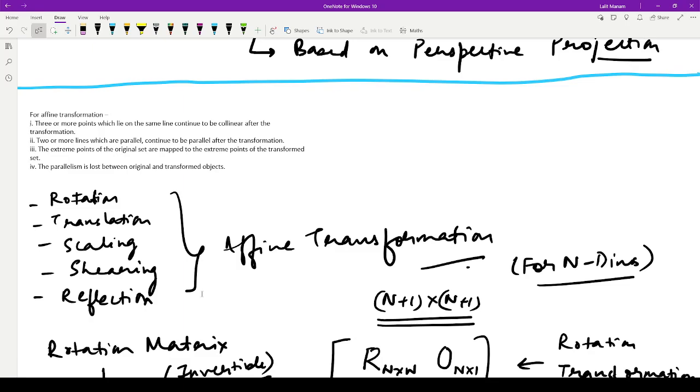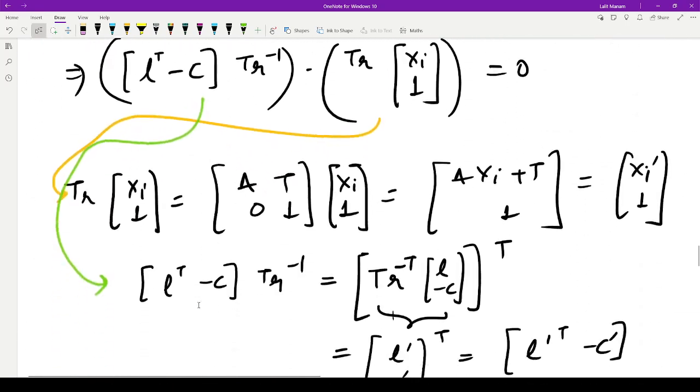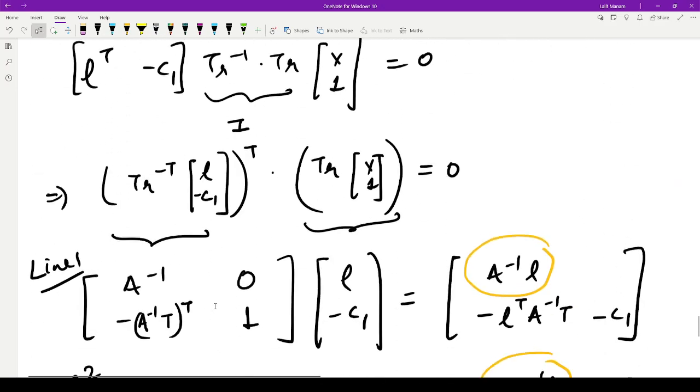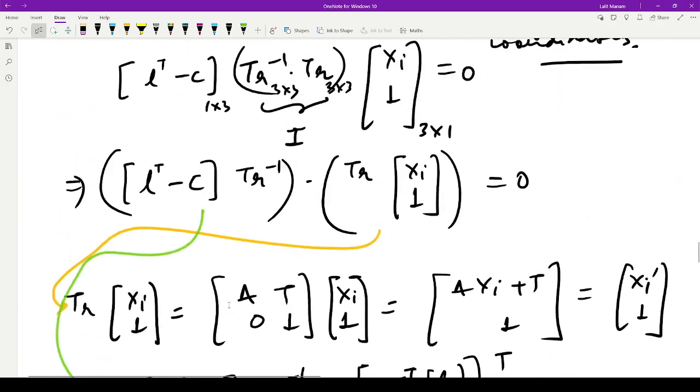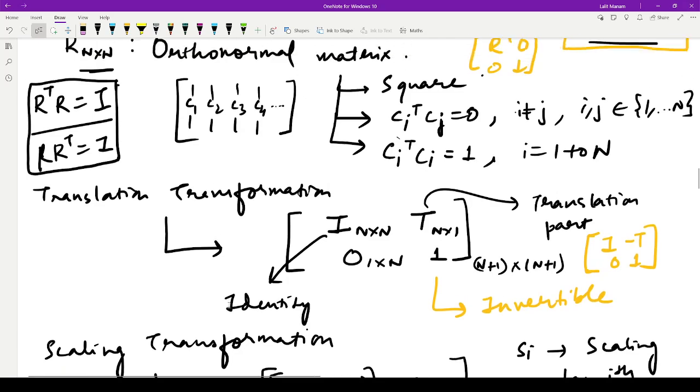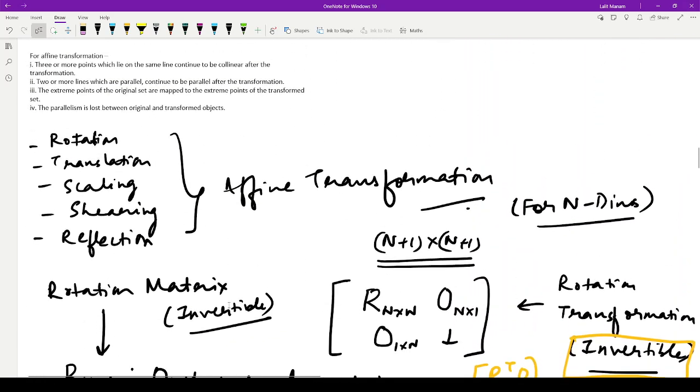The points on the end, the 2D points here. If you have a square, what are the extreme points on the square? The four corners. The rectangle will also have four corners. The triangle will have three corners. So those are the extreme points.